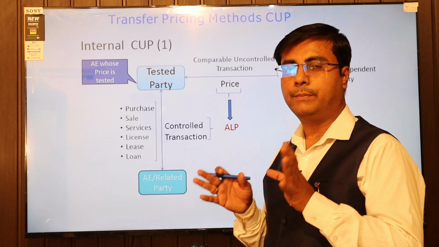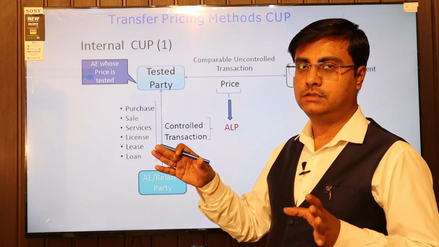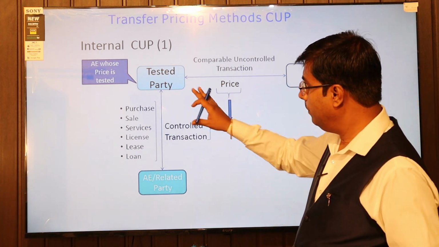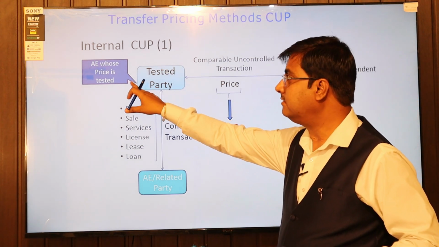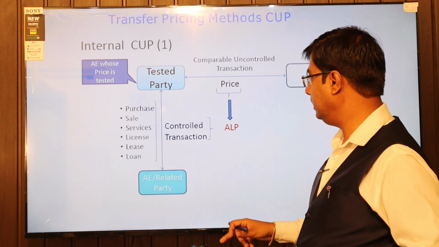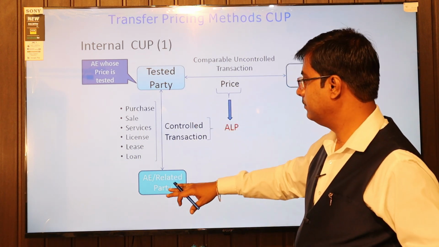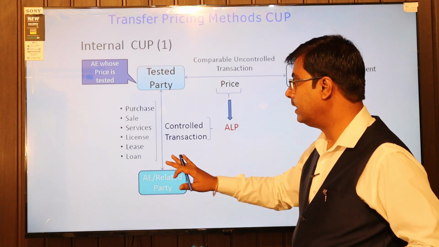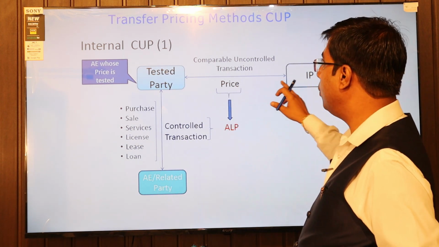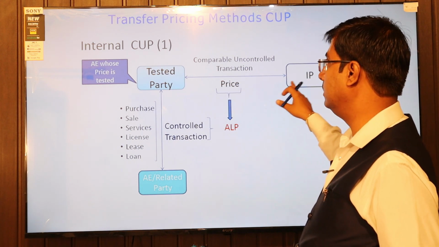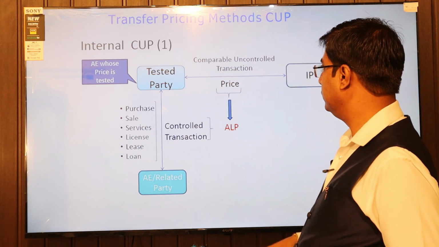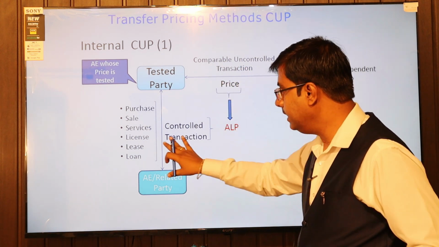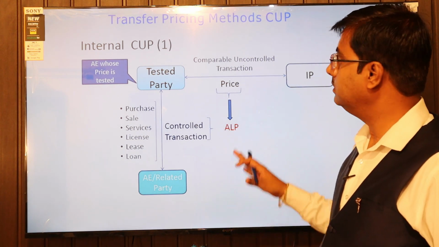We can also opt for the foreign entity as the tested party; the regulation still allows us. So the AE is the tested party. In this scenario, with the tested party and associated enterprises, this is the controlled transaction. So we have to see what the uncontrolled transaction is, and what ALP should apply in respect of this controlled transaction. This is the internal CUP.